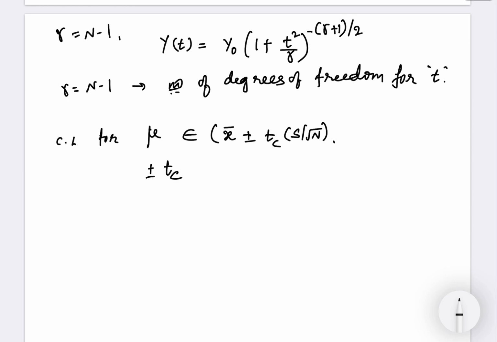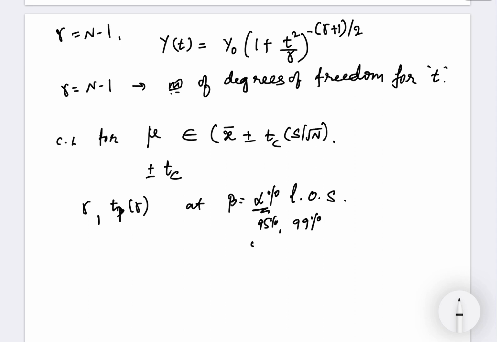For a specific gamma, t beta of gamma is the value of tc at beta equals alpha percent level of significance, and of course gamma is the degrees of freedom. Generally we will be considering either 95% or 99% level of significance, or beta is 0.05 or 0.01 level of significance.